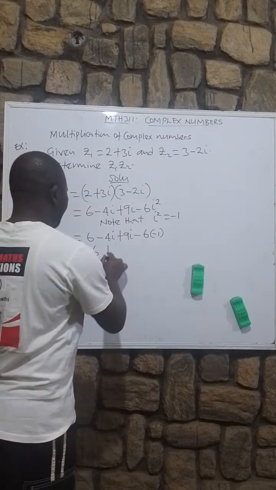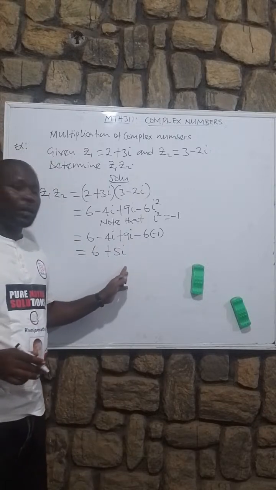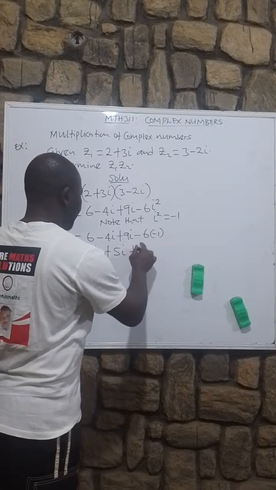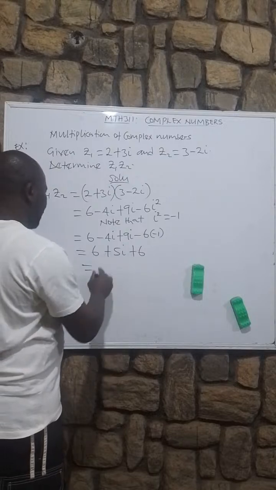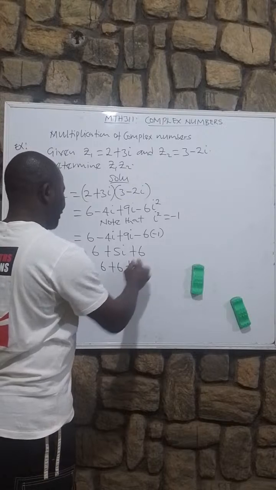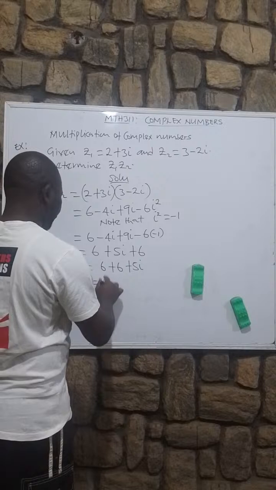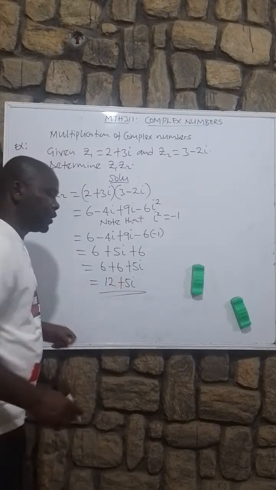You are supposed to have plus 5i. True or false? It's true. Then minus 6 times minus 1 is plus 6. So you can now see that we collect like terms: 6 plus 6 plus 5i. 6 plus 6 will give you what? 12 plus 5i. This is the final answer.